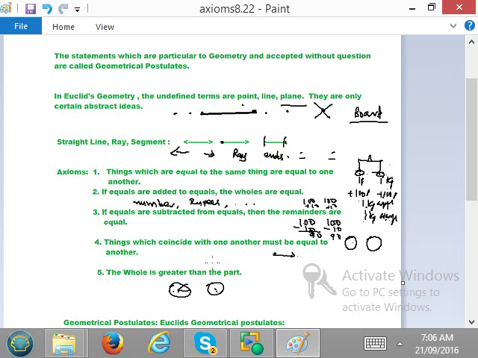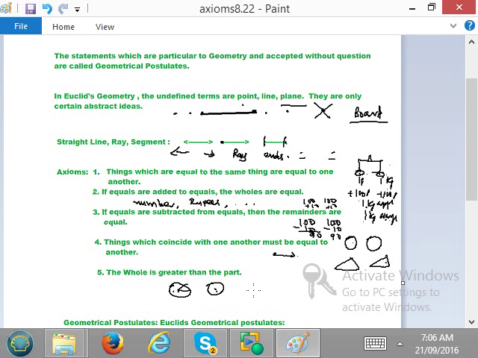Things which coincide with one another must be equal to one another. Another example in this: some triangle is there, another triangle is there. This triangle I am keeping over this, and exactly it matches. Both are equal. Exactly matching means it's equal. And the whole is greater than the part.